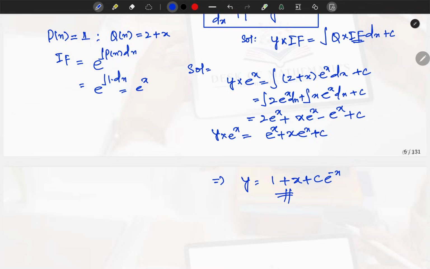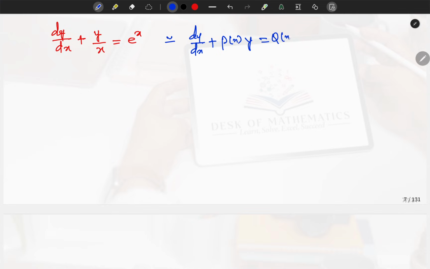Similarly, they may ask the question in this way: dy upon dx plus y by x is equal to e raised to the power x. So what will you do? Similarly, here compare it with dy upon dx plus p of x times y is equal to q of x.